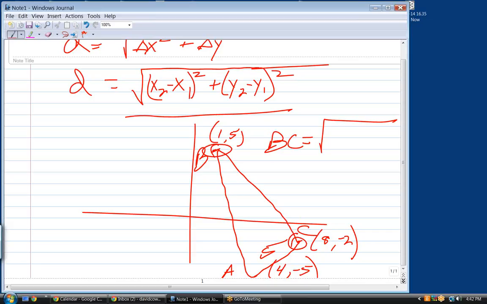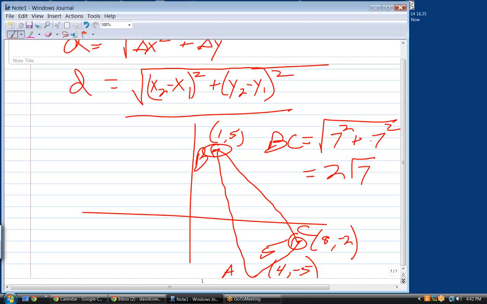What's the distance between 1 and 8? 7. What's the distance between 5 and minus 2? Negative 7, or just 7? 7. Like I said, we don't care if it's negative. We're squaring it.